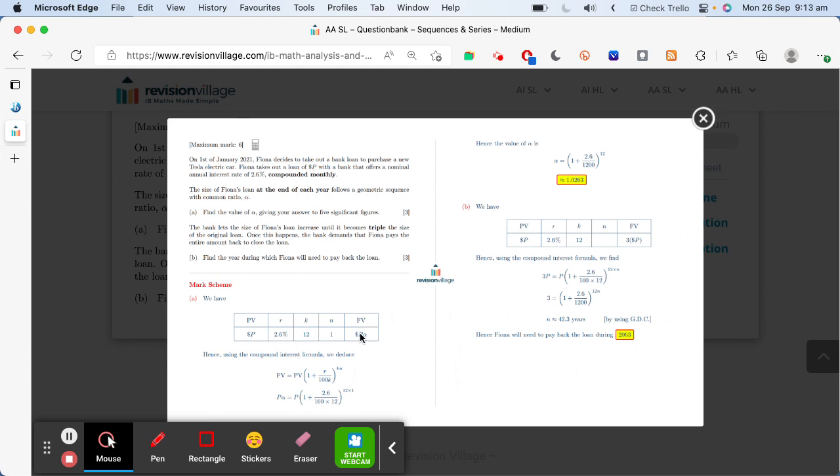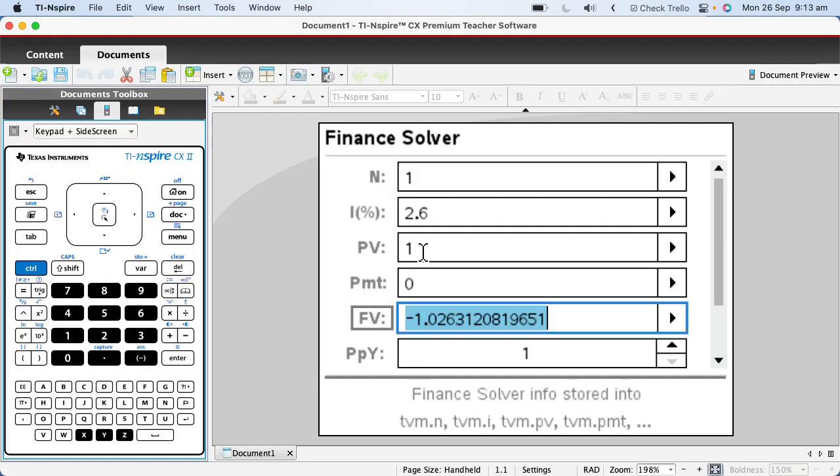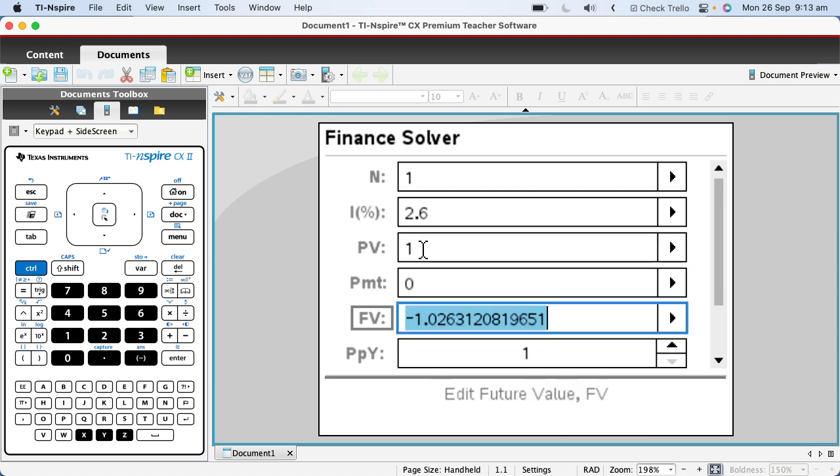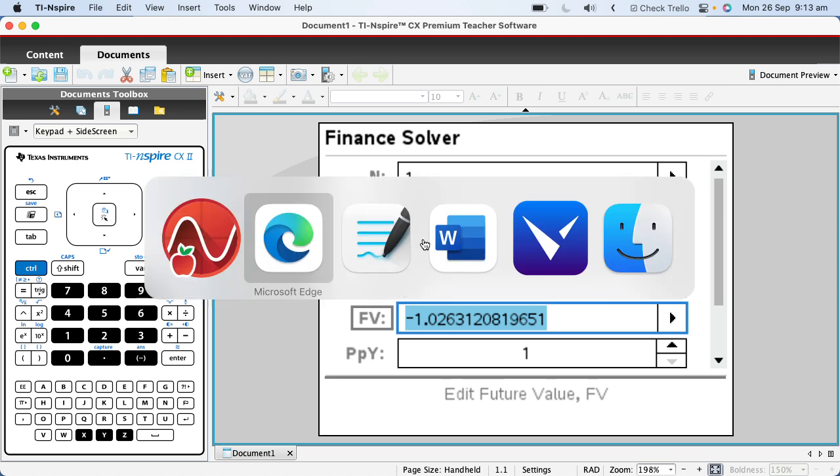I know the ratio will be as if the principal was $1. Then the end result would be the ratio, because 1 times the ratio would be P times alpha. So I just put in a P initial value of 1, and the FV would be alpha, 1.02 or 1.03. There you go. That's how you do that.